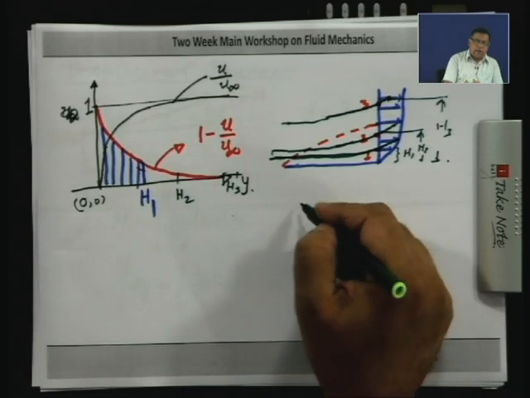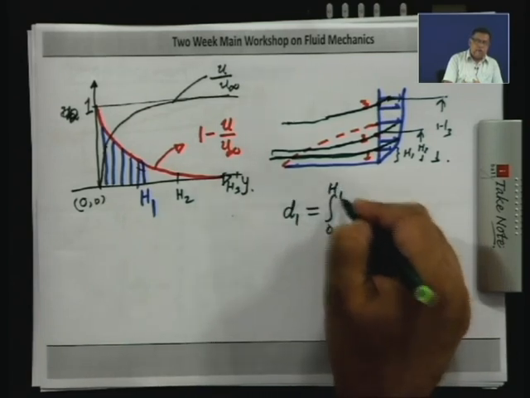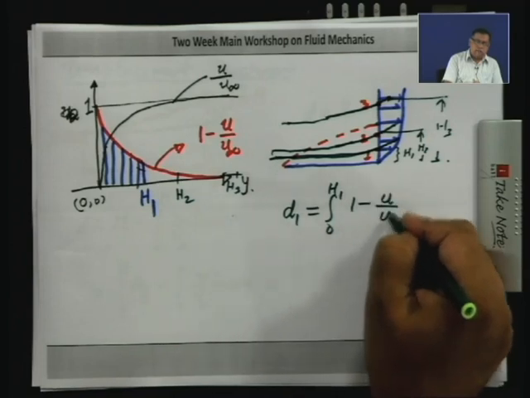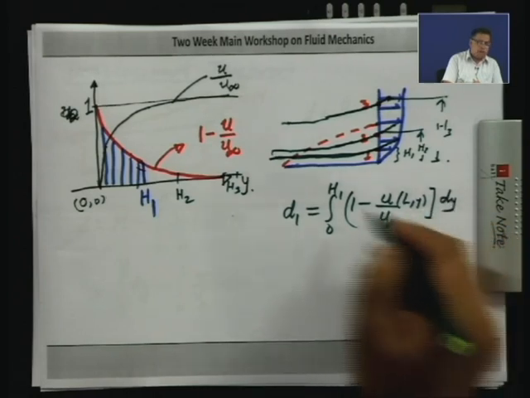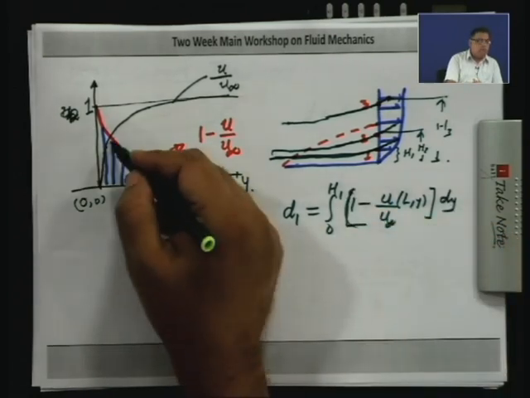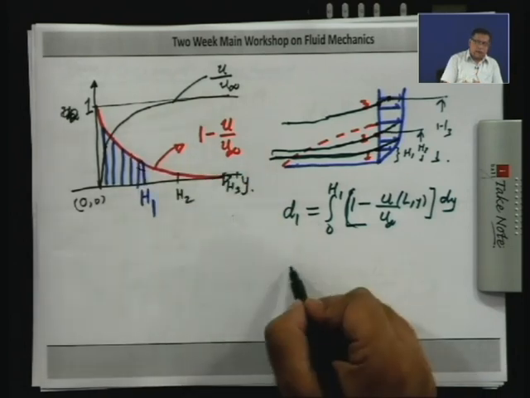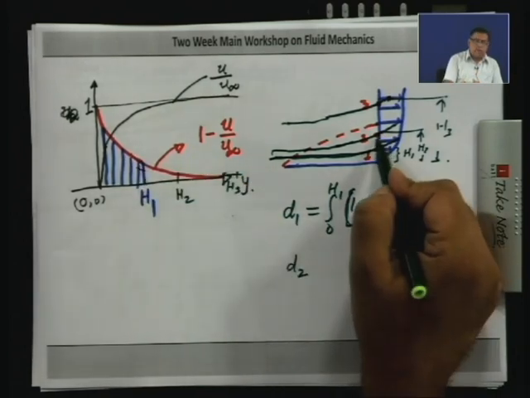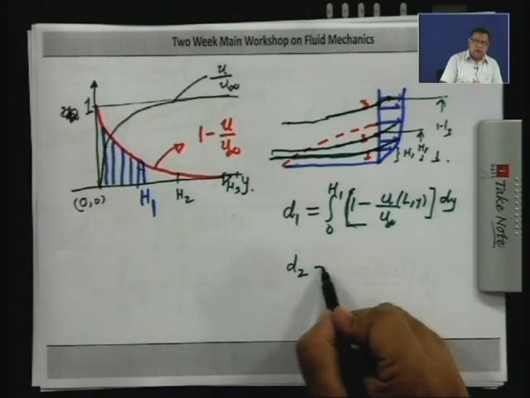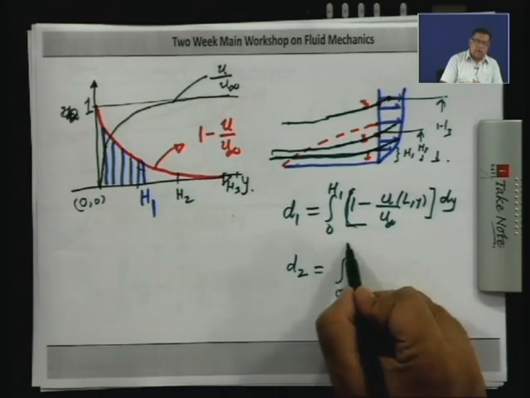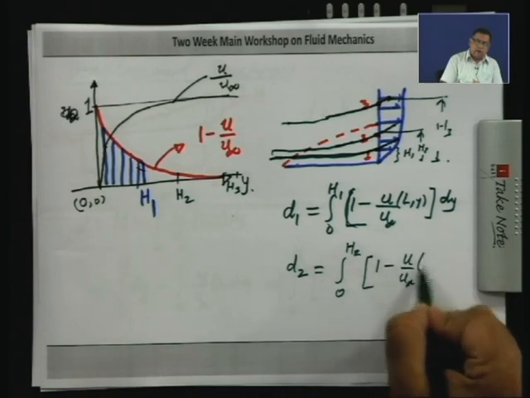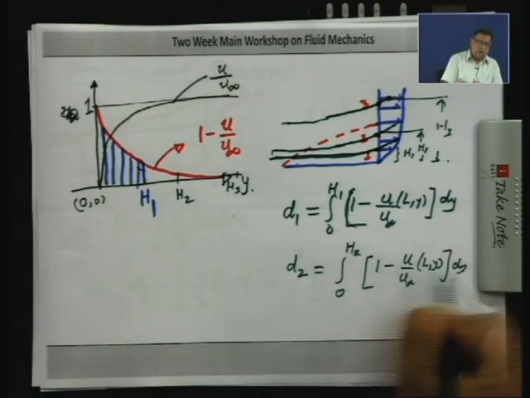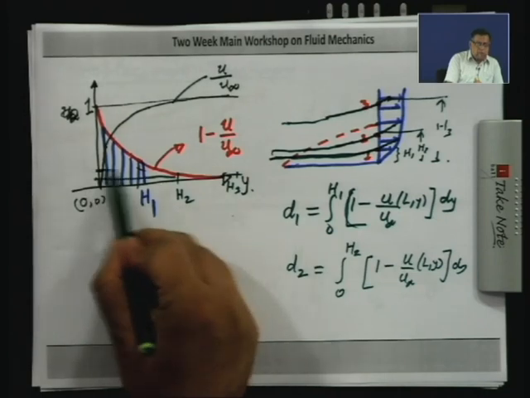So, if you look at this quantity d, d 1 will be integral 0 to H 1 of 1 minus u by u infinity at L, y dy. So, that is the shaded area. If I look at d 2, the amount by which the streamline through 2 has been displaced, it is going to be integral 0 to H 2 of 1 minus u by u infinity at L, y dy, which I will show as this area.